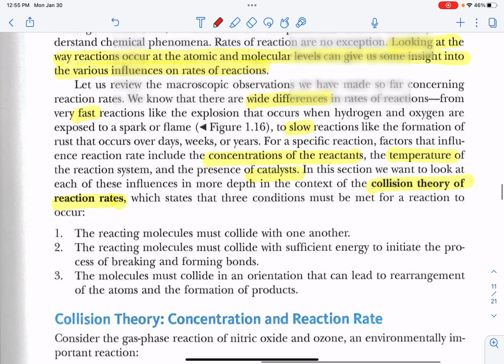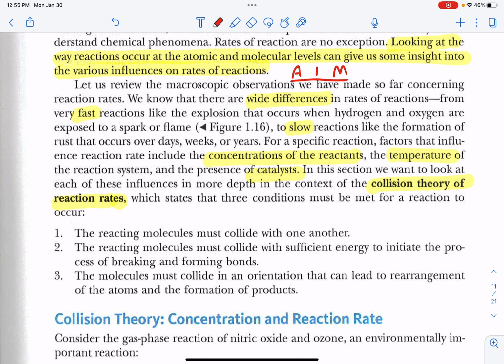So, a quick review, since we're looking at this at the atomic or molecular level. Remember, the particles that we think about are either atoms, ions, or molecules. That's what we're aiming for, when we think in terms of the kinetic molecular model.